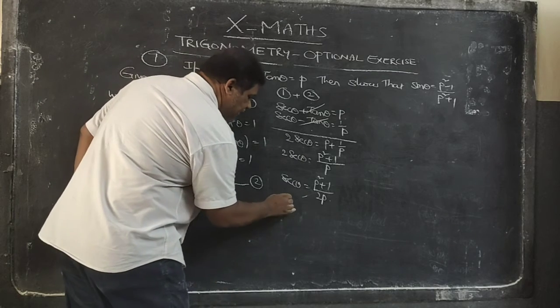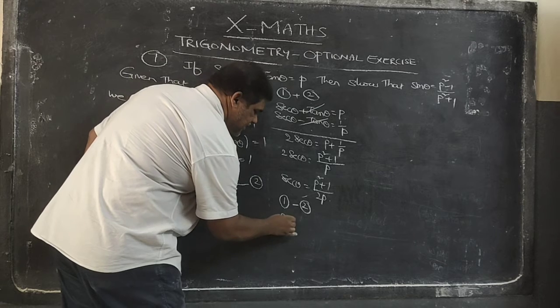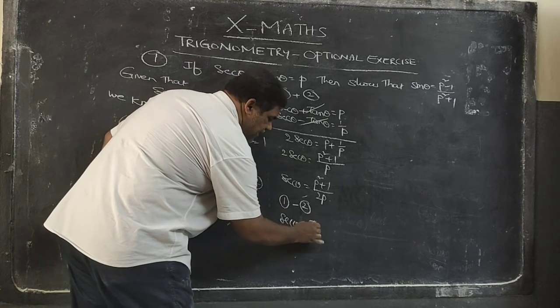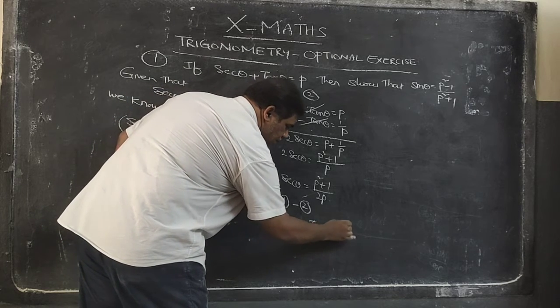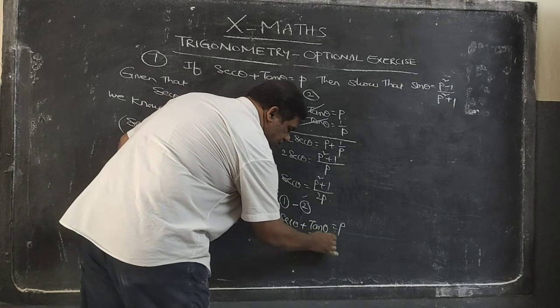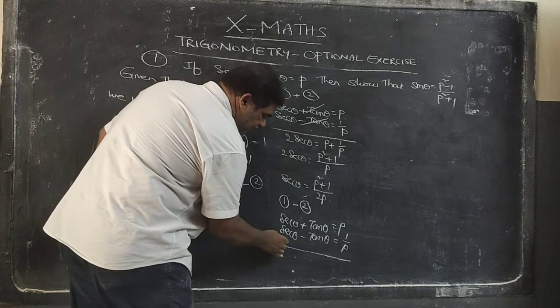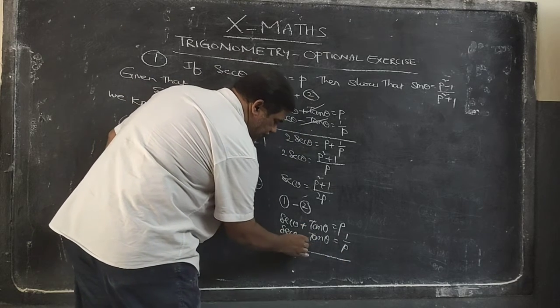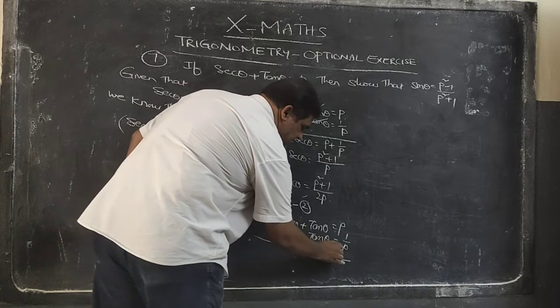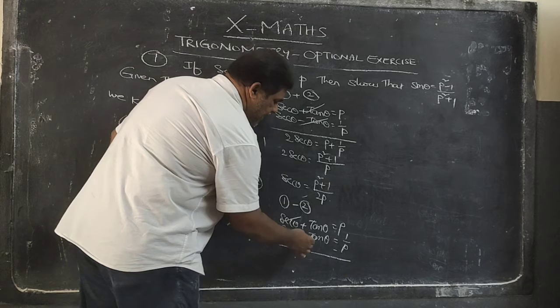Now let us subtract the first and second equation. First equation is secant θ plus tan θ is P. Second equation is secant θ minus tan θ is 1 by P. Let us subtract. By subtracting, we will change the sign. Plus will become minus, minus will become plus. So secant θ minus secant θ will get cancelled.